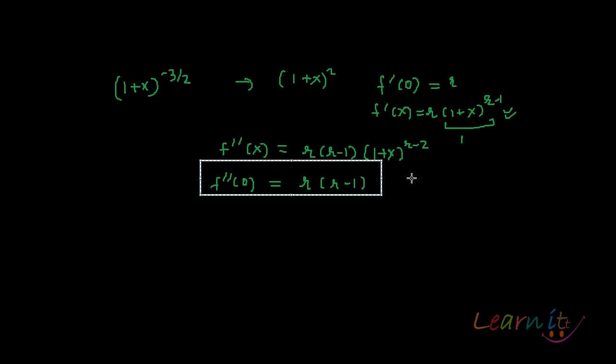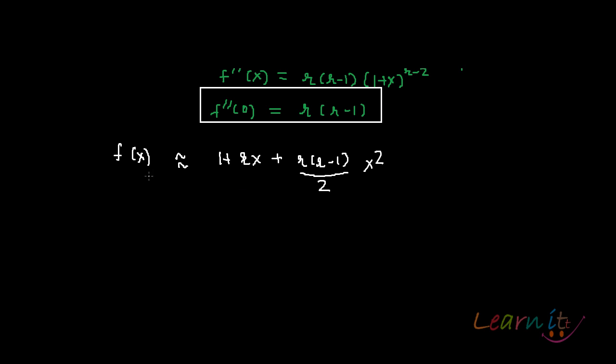Now, just putting in the value, what will be my quadratic approximation for this function? The quadratic approximation for f(x), in terms of r, will be 1 plus rx plus r into (r minus 1) by 2 into x square. This will be my quadratic approximation.